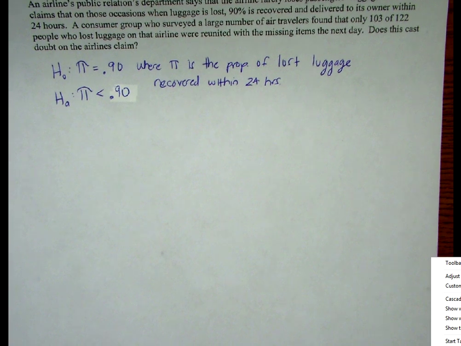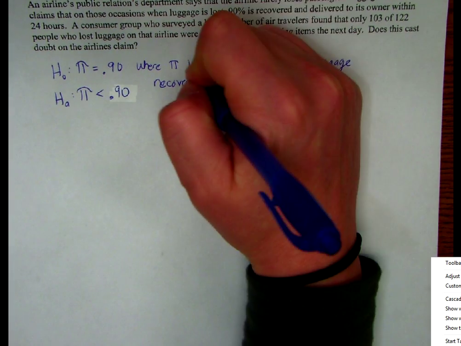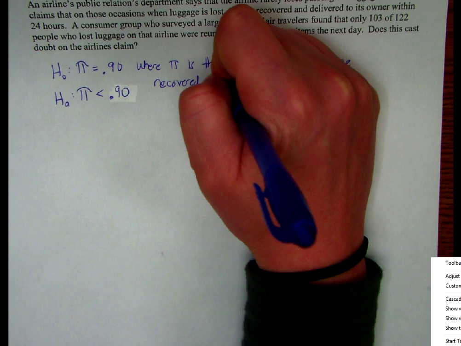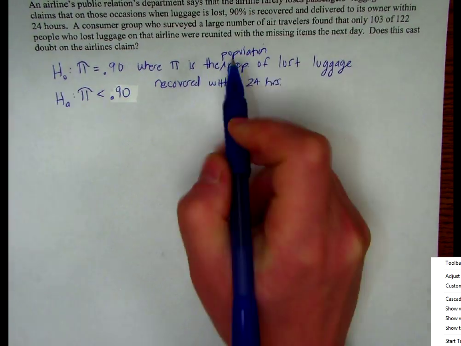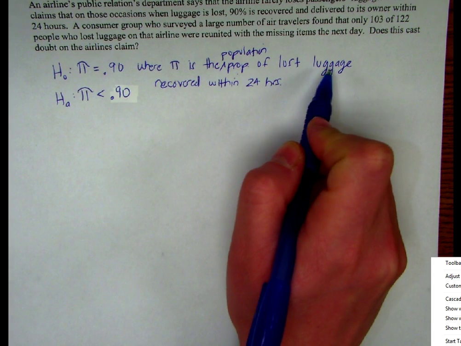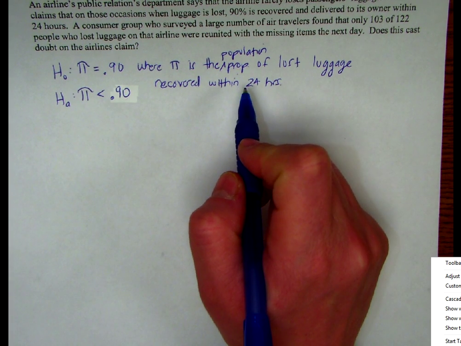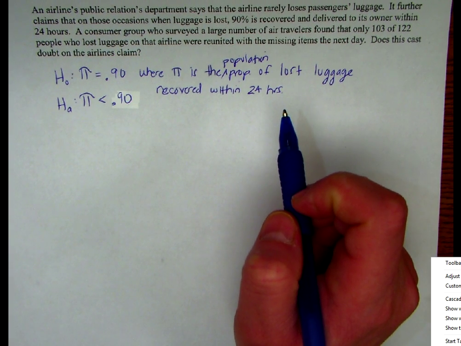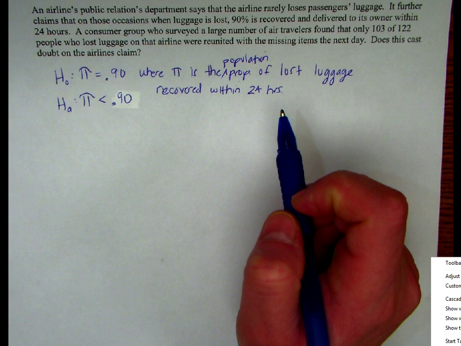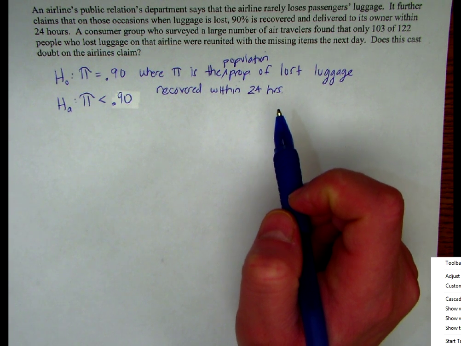That's the true population. Actually, let's do that: pi is the population proportion of lost luggage recovered within 24 hours. If I'm using a Greek letter, it's going to be the population.